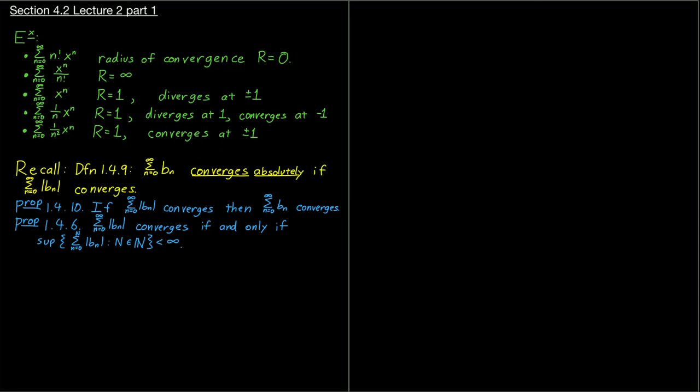So you may recall all this. If you're adding up positive things, or non-negative things, rather, either they converge or they go to infinity. And if you're bounded so they converge, then the series without absolute values converges.